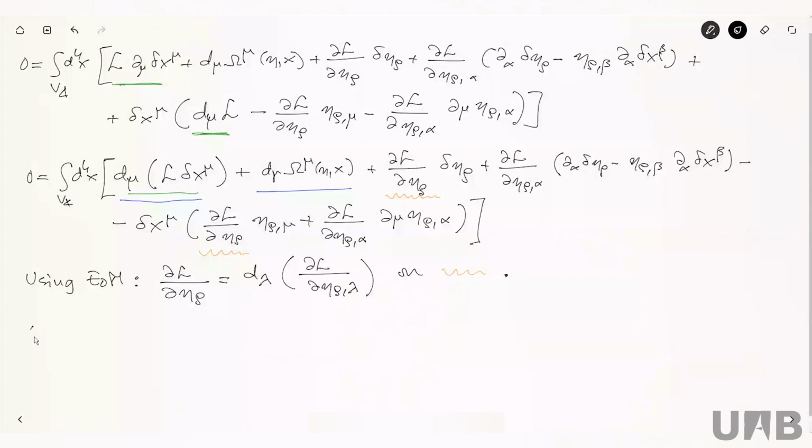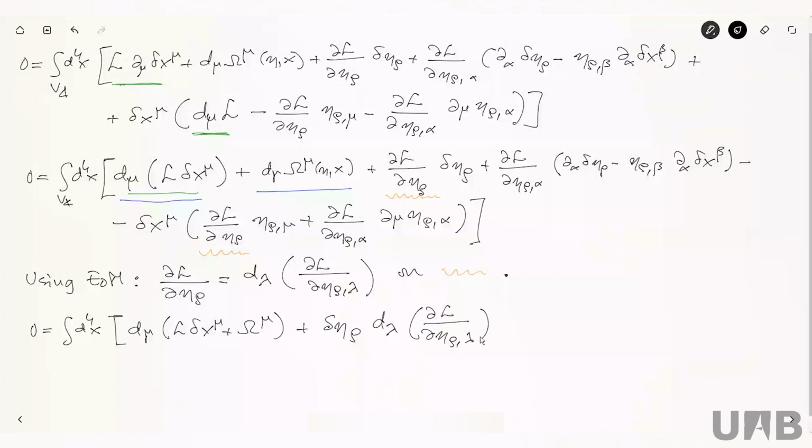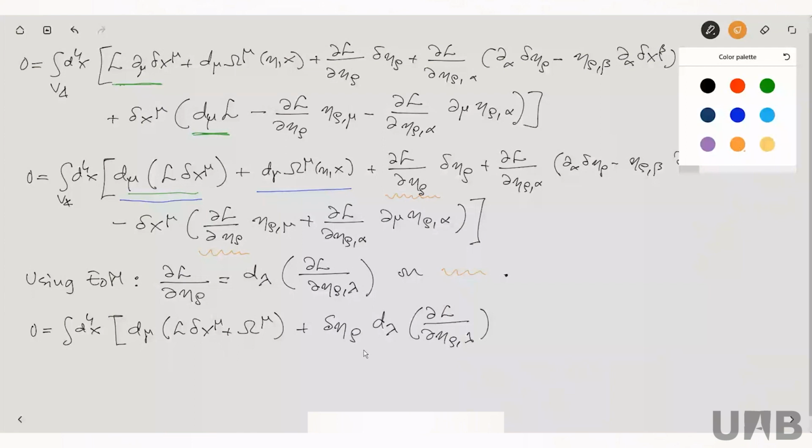So we have 0 equals integral d for x. And now we write the two blue pieces together, d mu L delta x mu plus omega mu. Okay? Now, first guy, this guy here, we write as delta eta rho, and then the derivative I can write, using the equations of motion, as this. Right? So that's the first. So this was one of these guys. Okay? And then we keep on going.